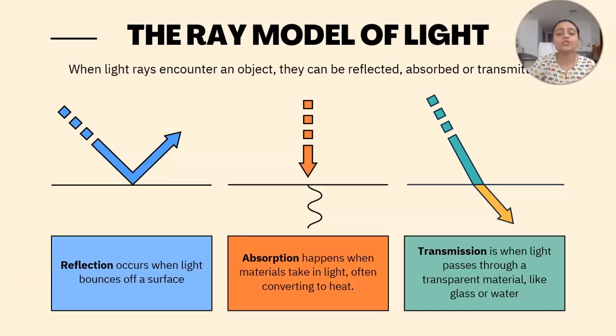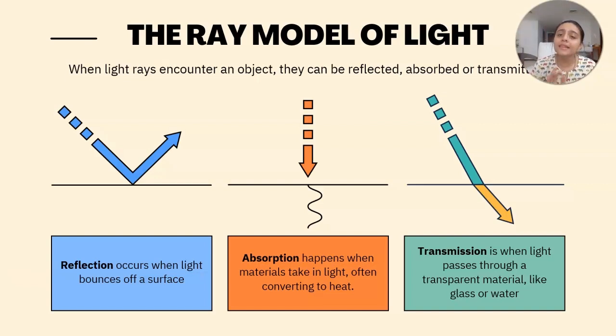Either the light is going to reflect back, as we saw in the plane mirror. Number two, the light is going to transmit. When light passes through the object, it bends; the beam of light is not going to travel in a straight line, but it bends. That process is known as transmission.